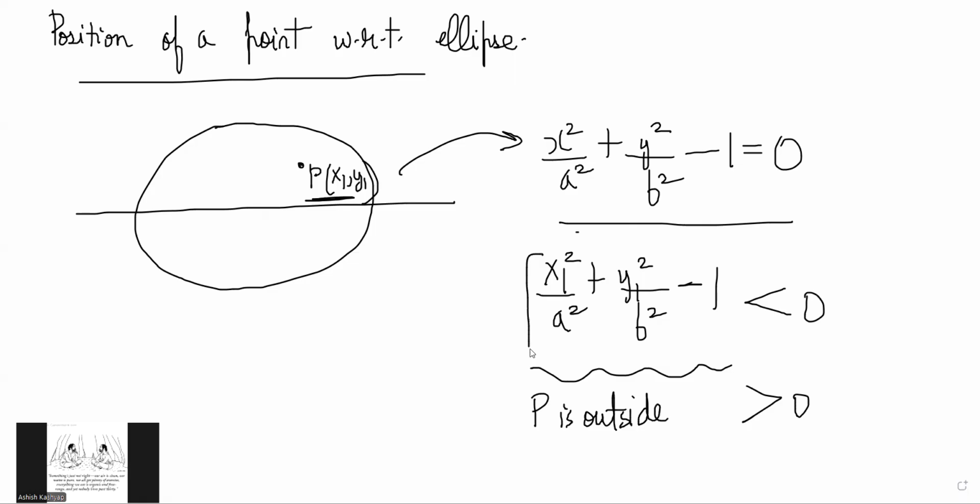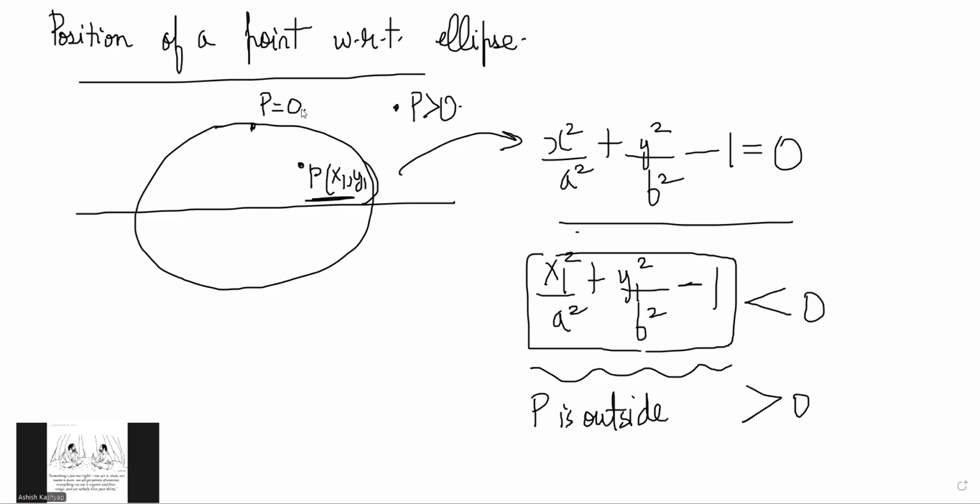So if x1 square by a square plus y1 square by b square minus 1 is greater than 0, then the point is outside the ellipse. And if the quantity was equal to 0, then obviously the point is on the ellipse, right? These are standard facts that are true for most of the situations that you will encounter. For most of the curves, circle, parabola, we also had similar results.